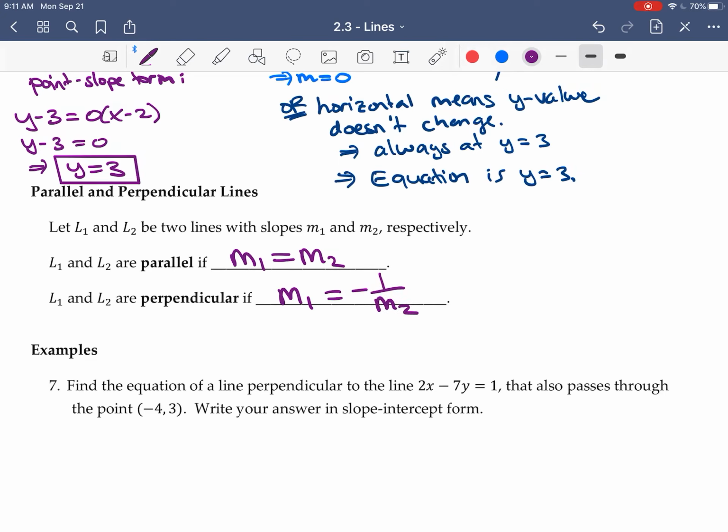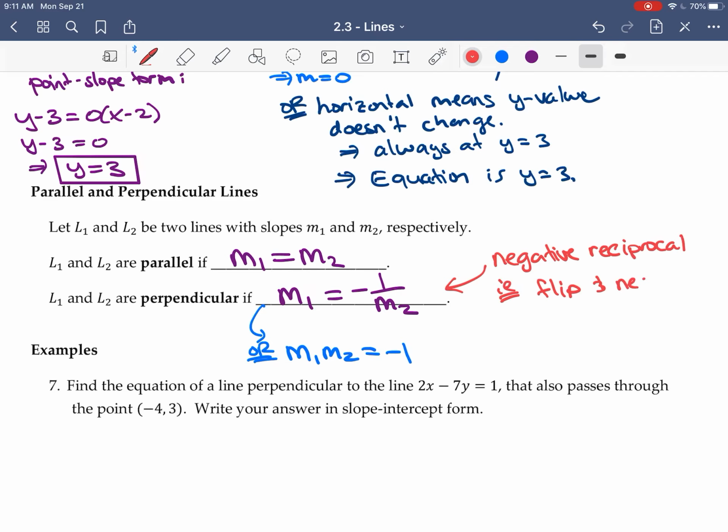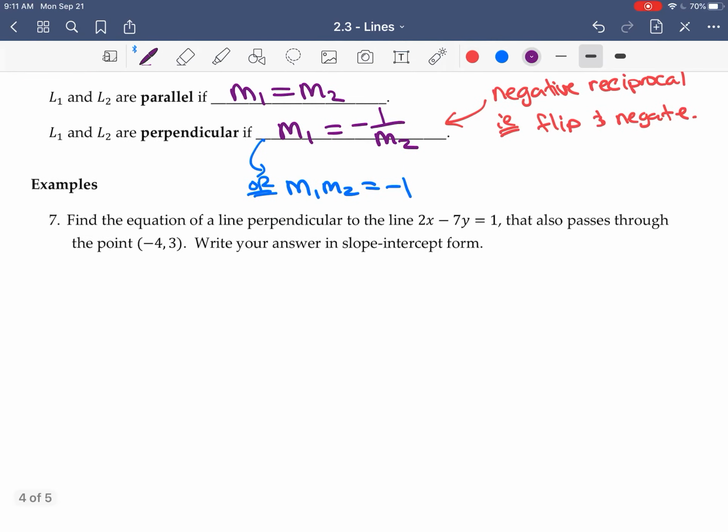Another way to say this is if you multiply their slopes, you get -1. This is called the negative reciprocal. What that means is you take one, you flip it, and you negate it. So let's do an example like that.